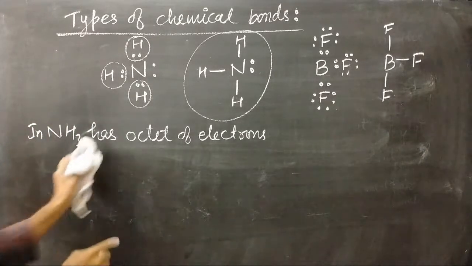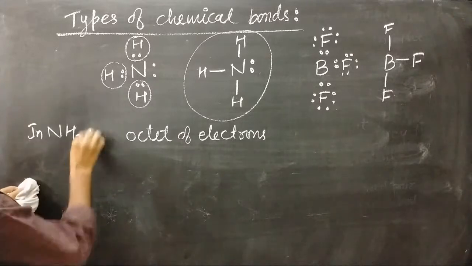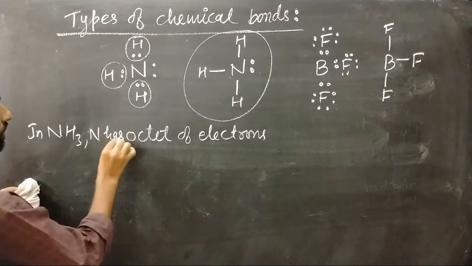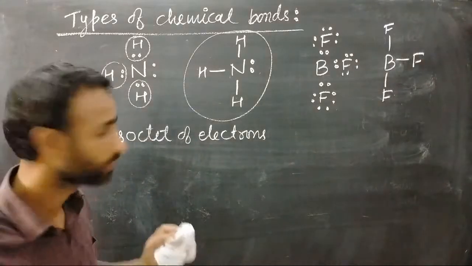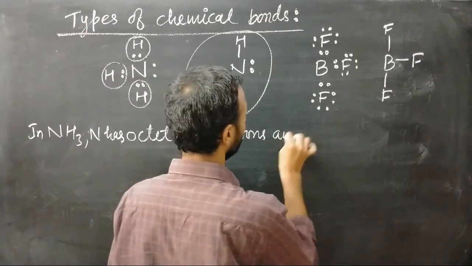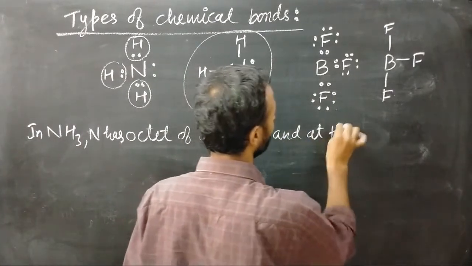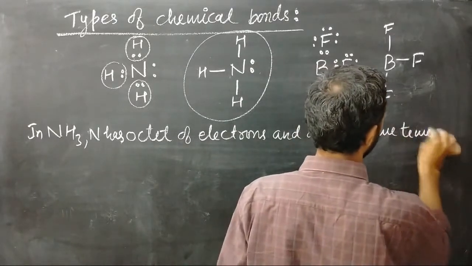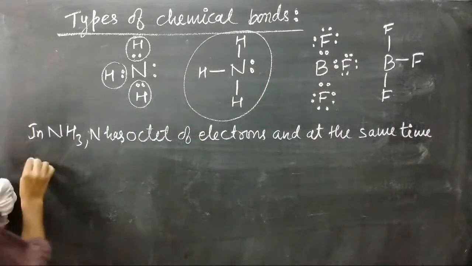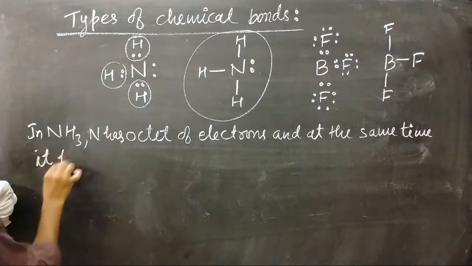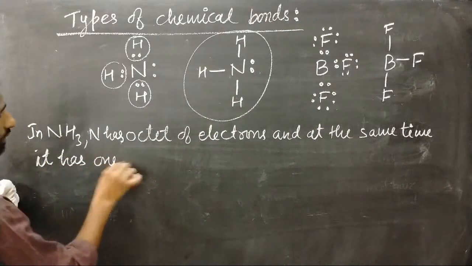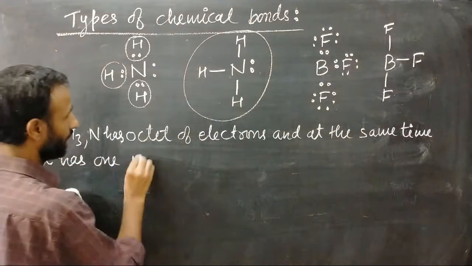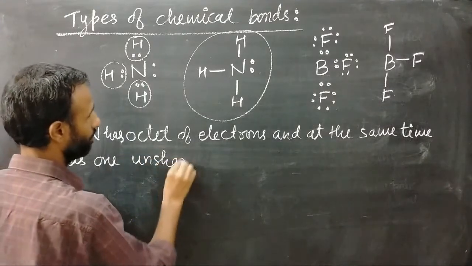Yes, in ammonia nitrogen has an octet of electrons, and at the same time it has 1 unshared pair.